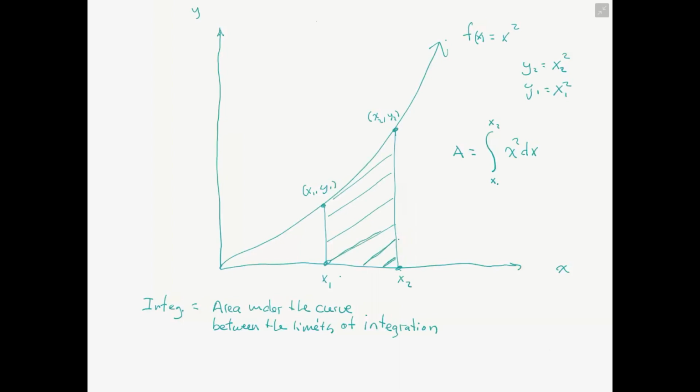It's a summing up of infinitesimal areas, an infinite number of them, and they give us the area under the curve between the 2 points or limits of integration that we're interested in.